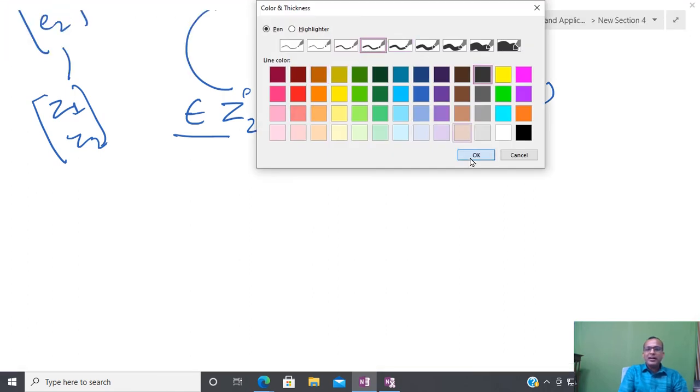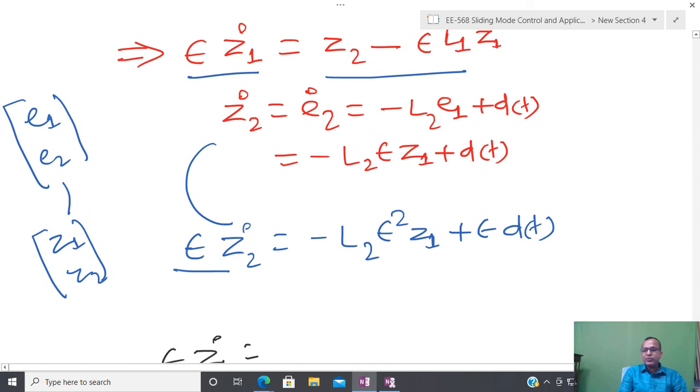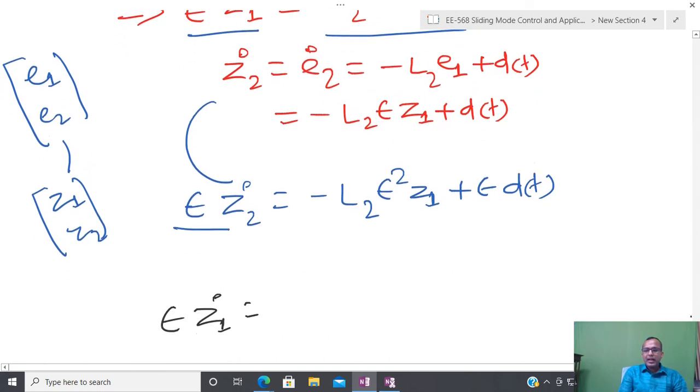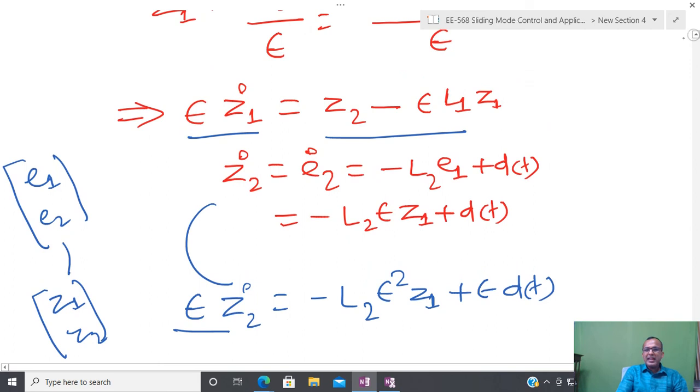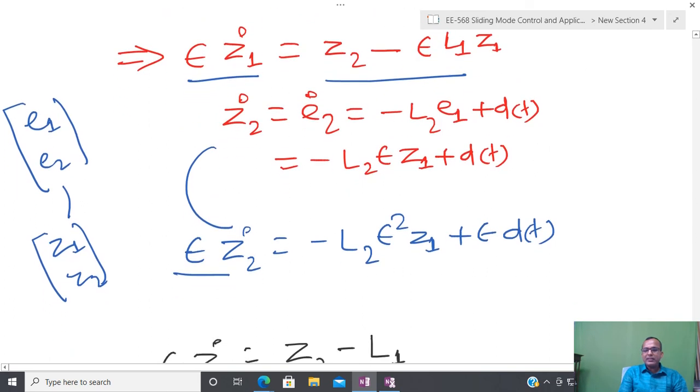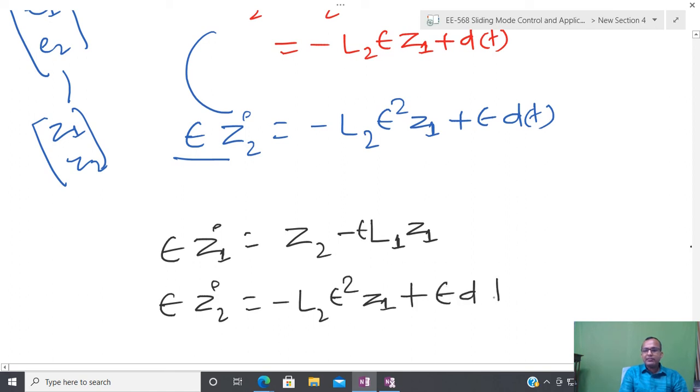So now I have epsilon Z1 dot equal to, try to rewrite this dynamics, Z2 minus L1 epsilon Z1, and I have epsilon Z2 dot, that is minus L2 epsilon squared Z1 plus epsilon dt.